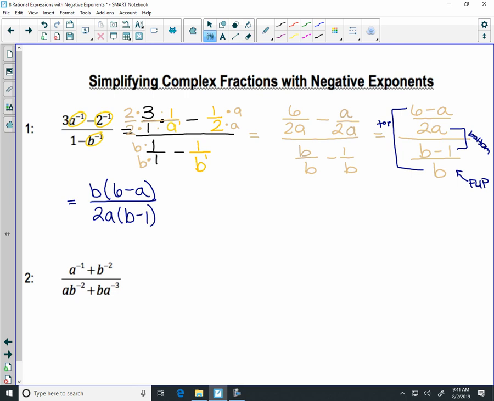There's not going to be anything else that we can simplify, but if you would like to multiply those through, 6b minus ab over, you can always leave that denominator factored. I like the denominator factored, but for this one, that works beautifully. All right, let's look at this.